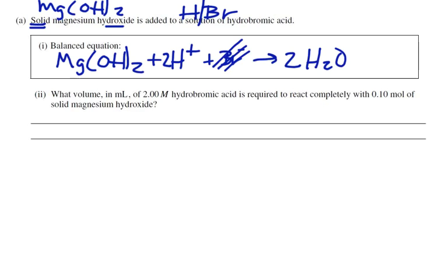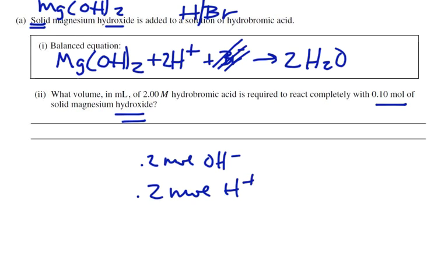The bottom part is asking what volume you need to neutralize your magnesium hydroxide. We've got 0.1 moles of magnesium hydroxide, but what that means is we really have 0.2 moles of hydroxide. Now, the hydroxide is going to equal the H+, so we really have 0.2 moles of H+ if we want to neutralize that.